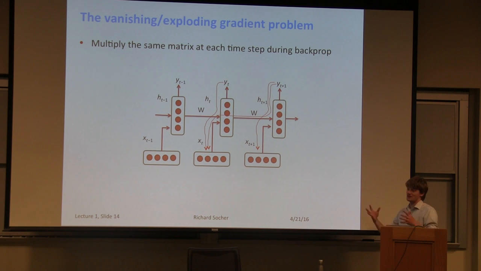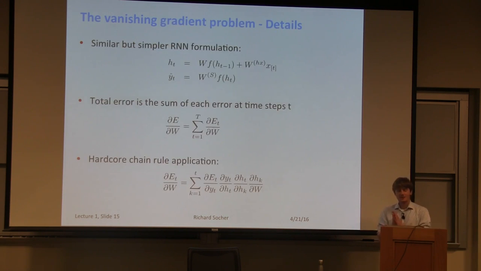Right. And again, it just comes from the chain rule. So let's look at a simple formulation of a recurrent neural network and see what actually happens when we apply the chain rule to a potentially very, very long sequence of time steps. So let's define our RNN here slightly differently. It's actually very, very similar.